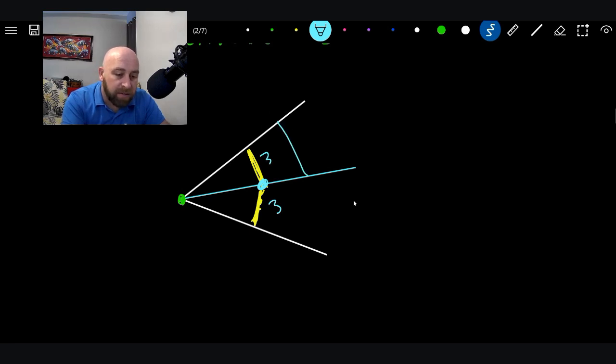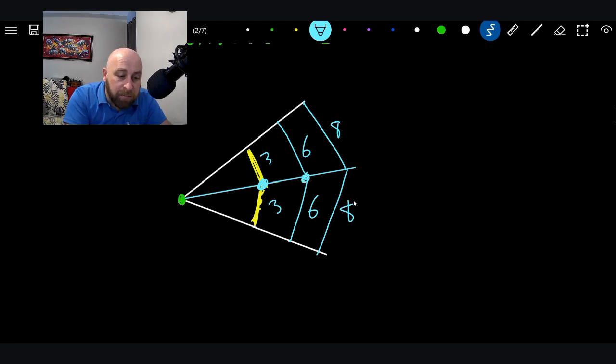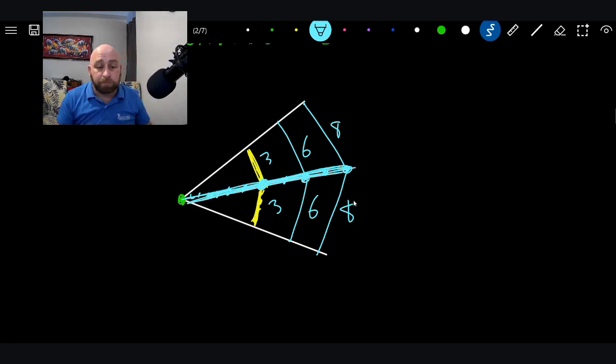If I did the same thing out here, this would be equidistant as well, and this would maybe be 6, and this would be 6. If we keep going, this would be 8, and this would be 8, for example. But what happens is we keep putting points and points and points, and we end up with a line, and it forms our bisector of that angle.